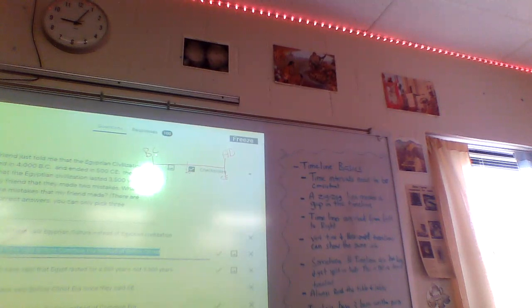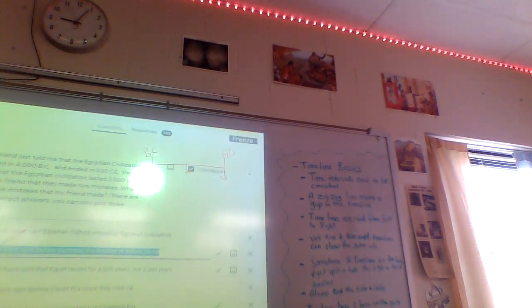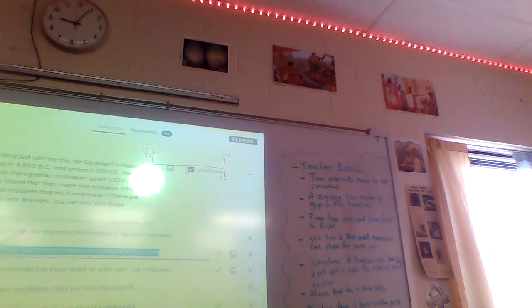What mistake did our friends make if they said it was 3,500 years? They subtracted, right? They forgot Before Christ era. That's BCE, that they needed to add if it's opposite. So this one should definitely be correct.